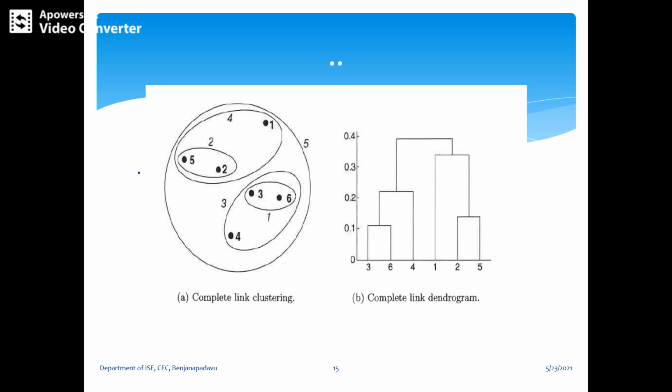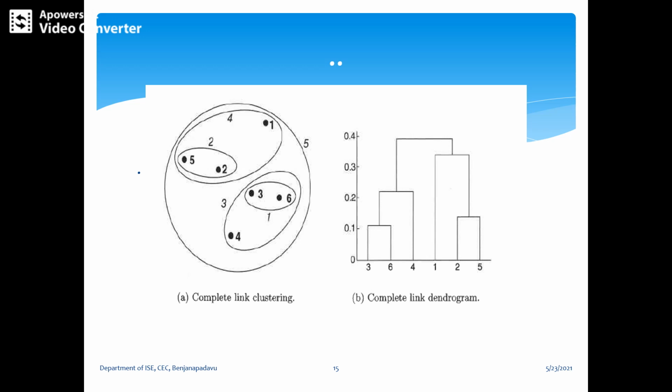However, 3 and 6 are merged with point 4, and this smaller elliptical shape will also merge with another cluster, point 4, instead of 2 and 5, because it is nearby.